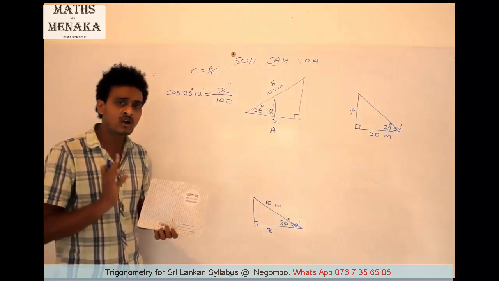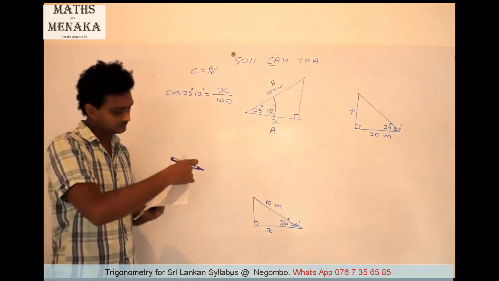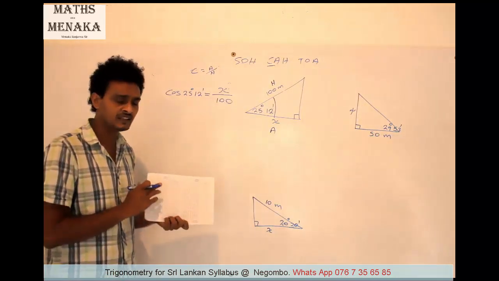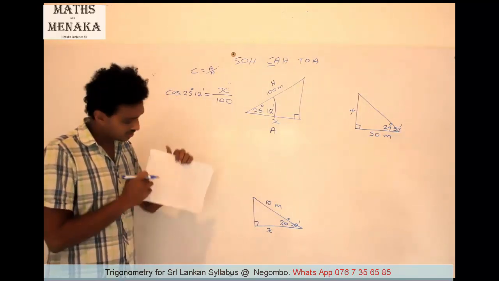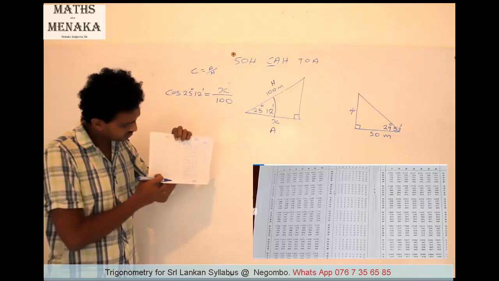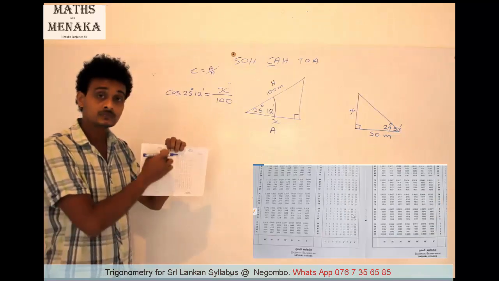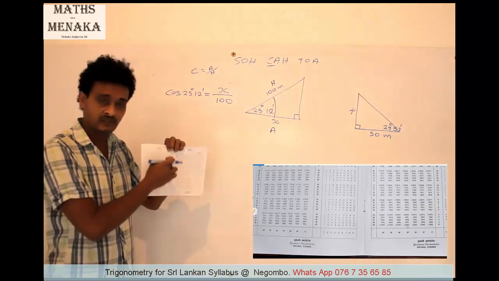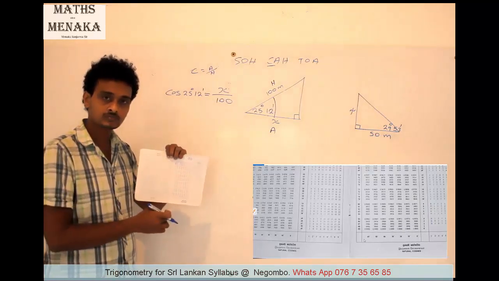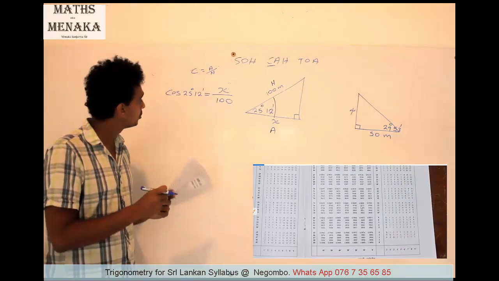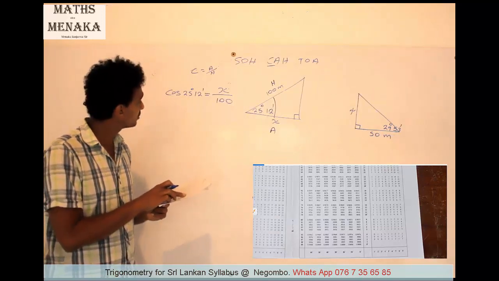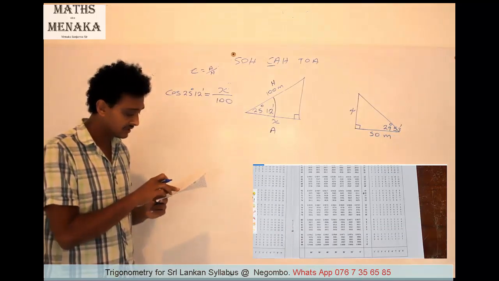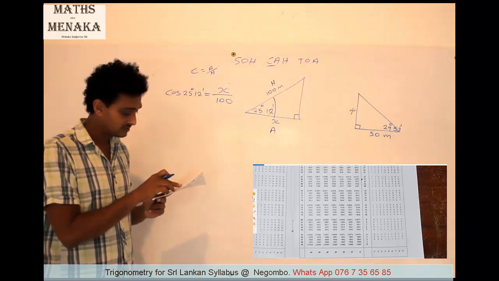Cos also you have to find in the natural sine table. You have to go to the downside. You have to use the bottom line and the right hand side column. Now go to 25 degrees 10 minutes first.